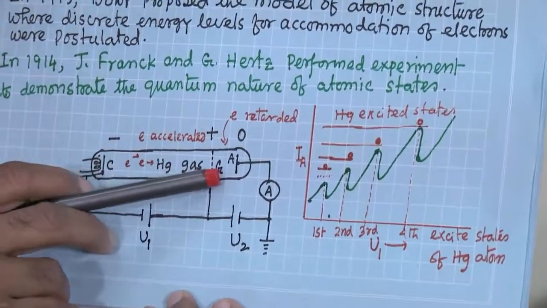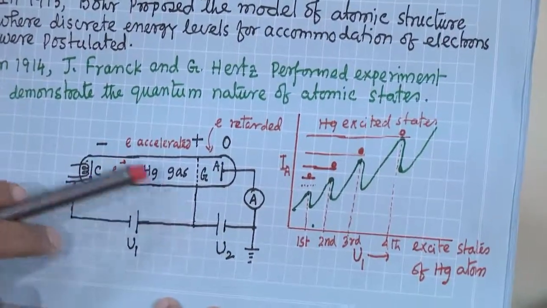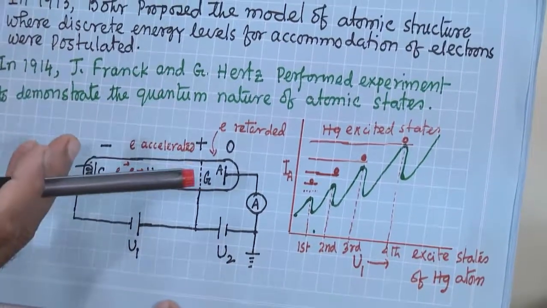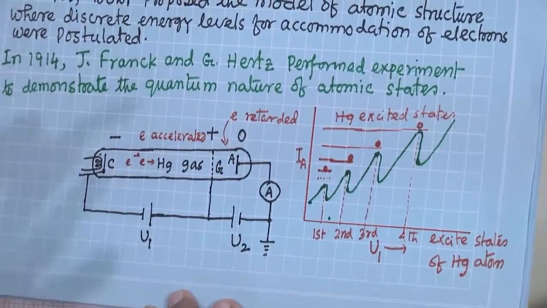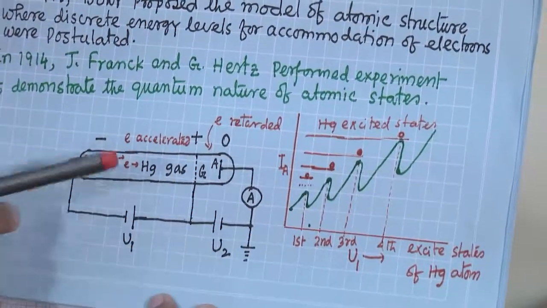So electrons, while moving through this gas, will collide with the atoms. So there will be scattering, which is basically elastic scattering. The electron will not lose any energy, that's why it is called elastic scattering.